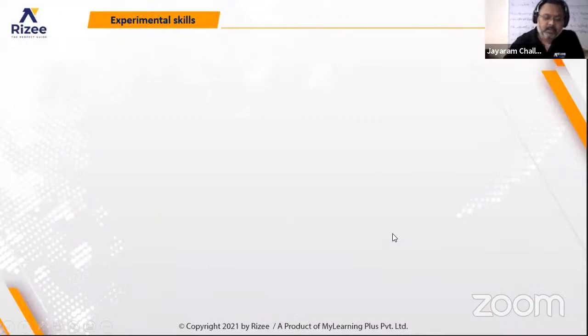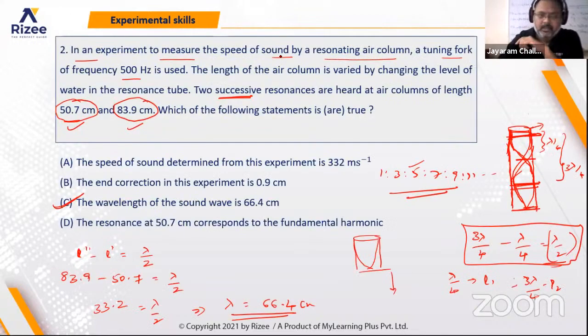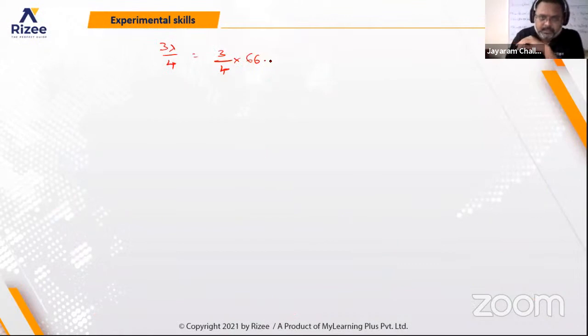As we have the wavelength, what will 3 lambda by 4 be? It is 3 by 4 times 66.4, which is 49.8 centimeters.